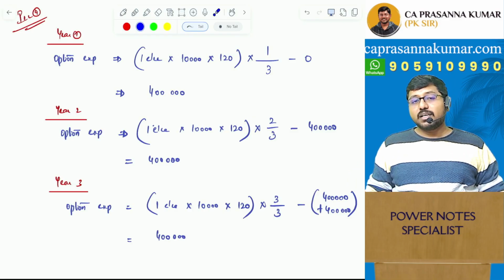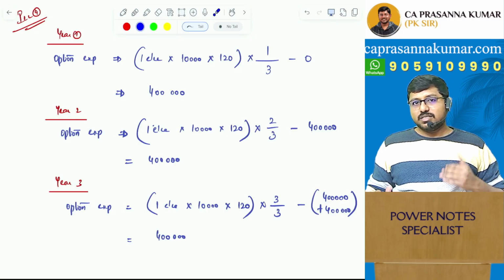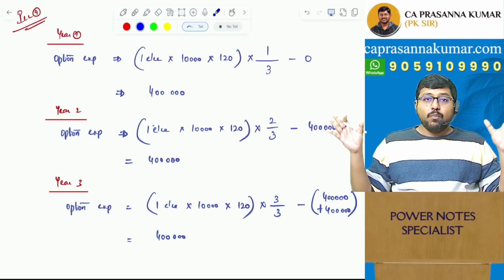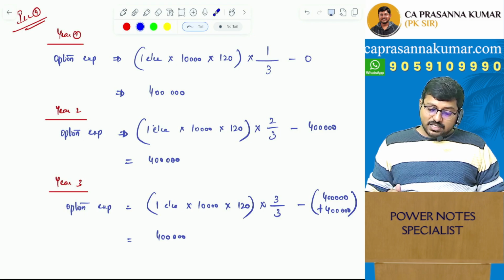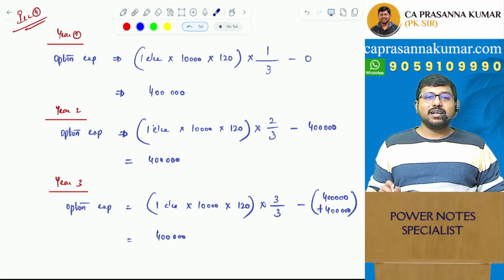When it comes to market condition, what did I tell you? Whether that condition is satisfied or not satisfied, both the possibilities are considered at the beginning itself while calculating the fair value of the option on the grant date.